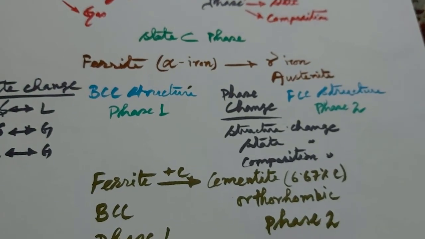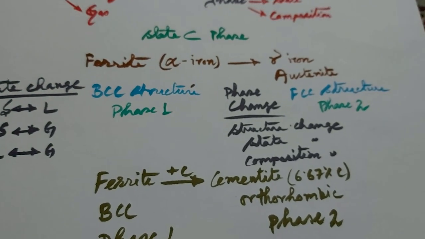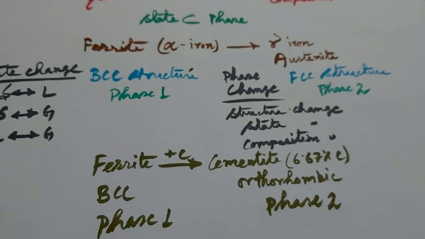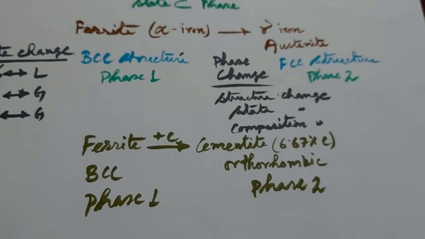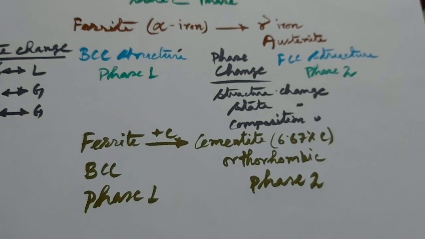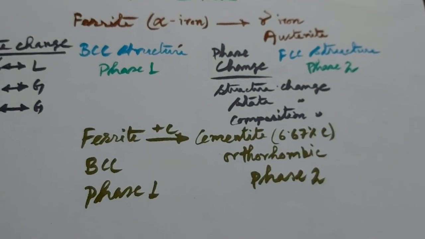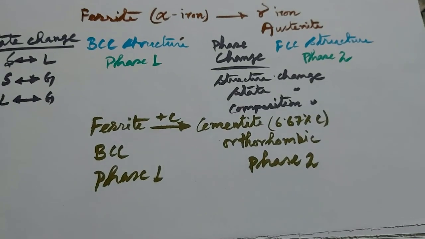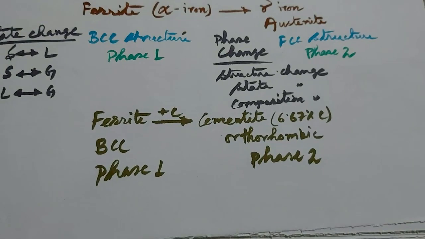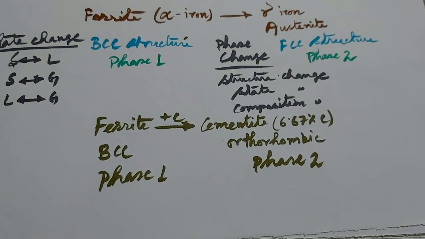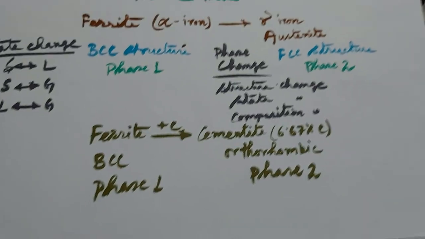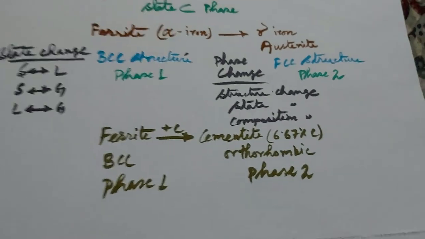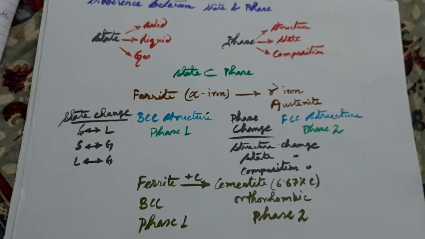So, phase of matter explains uniform chemical and physical properties of matter, whereas state explains the form of the matter at a given temperature and pressure. So, the state of a matter may consist of different chemical and physical properties, but phase of a matter always will be uniform. So this is the difference between phase and state.